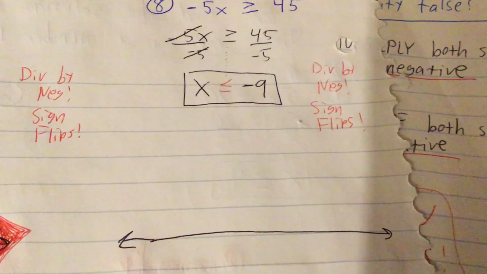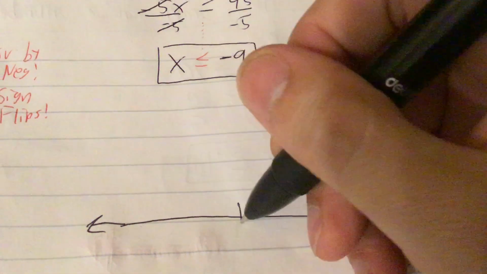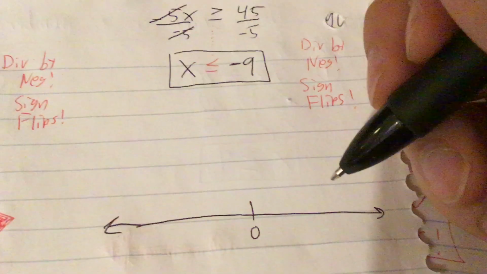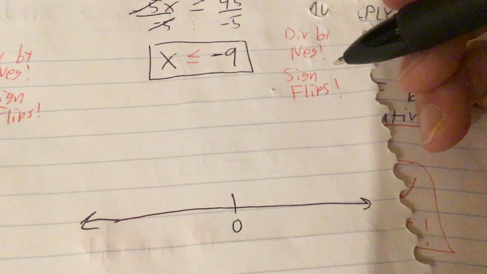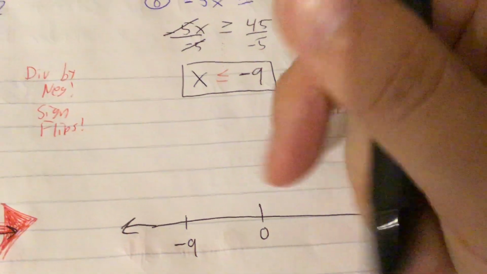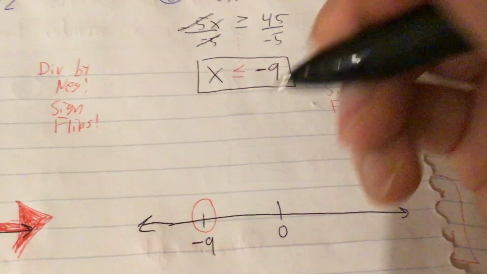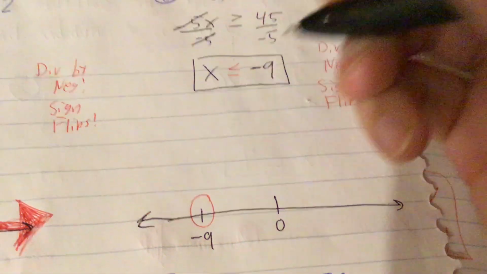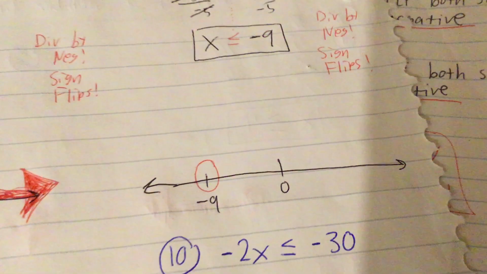So now I make a little number line. I put 0 in the middle. Where is negative 9? To the left or to the right of 0? Yeah, negative numbers go to the left, so I'm going to put negative 9 over here. I circle my endpoint. What does less than mean? To the left or to the right of negative 9?